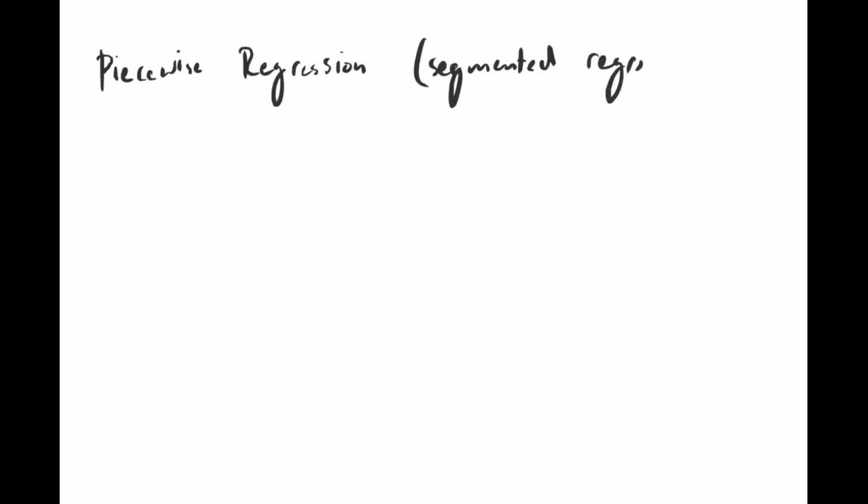I'm going to go ahead and talk about piecewise regression, and we'll show both examples simultaneously in R. But we'll talk about this first. This is also known as a segmented regression.